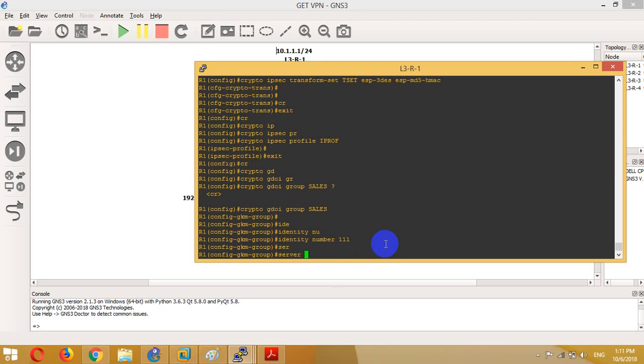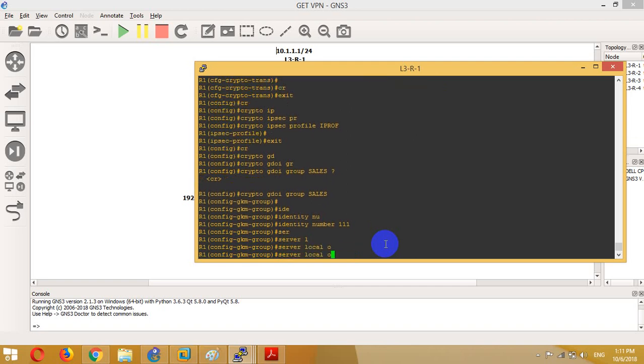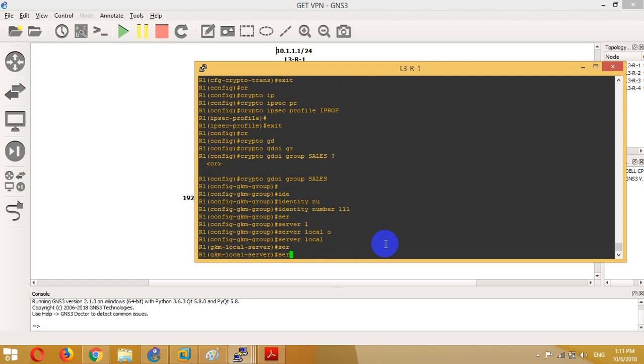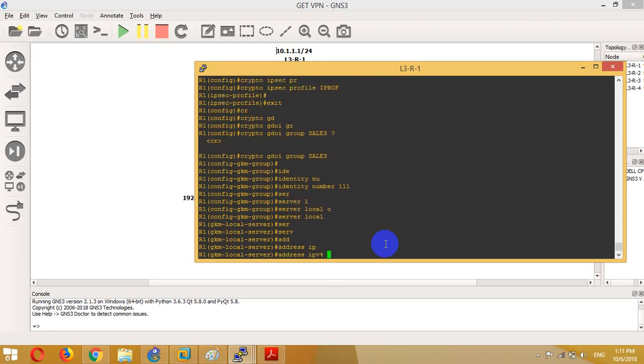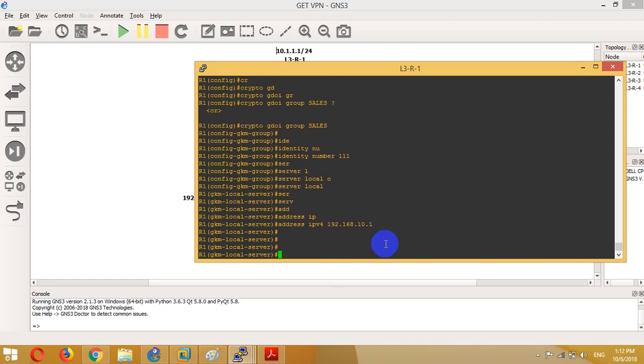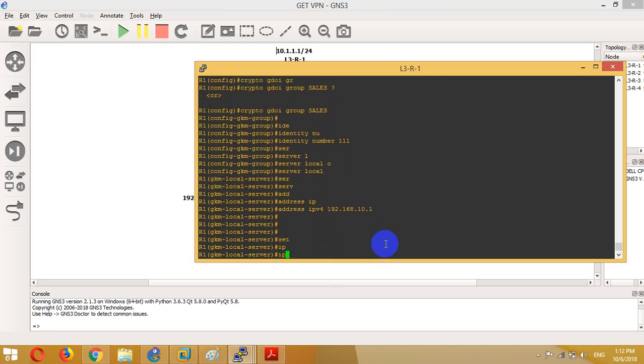What else? I will say this is server local, enter. Server address IPv4, it will refer to himself on the outgoing interface, 192.168.10.1, like that. What else will we specify here?